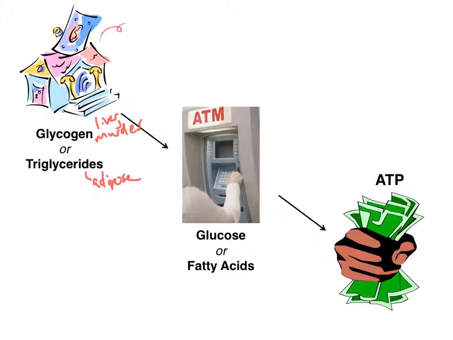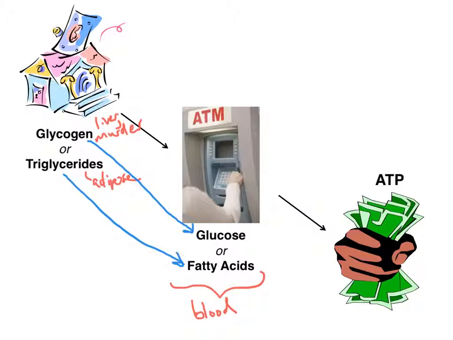When your cells need more energy, glycogen is broken down to glucose, and triglycerides are broken down to fatty acids. And then these intermediate molecules circulate through the blood. So glucose and free fatty acids circulate through your body in the blood, and they can be taken up by cells out of the blood in order to make ATP.